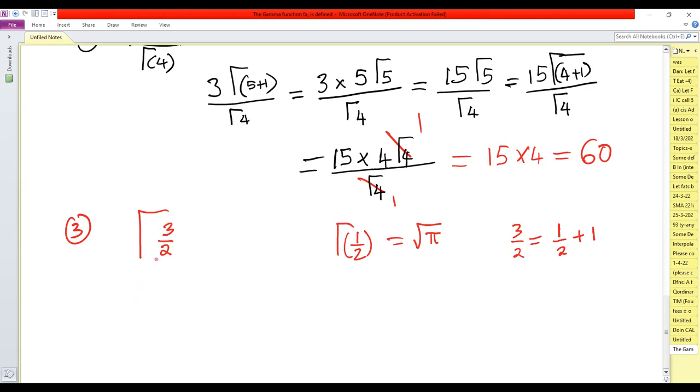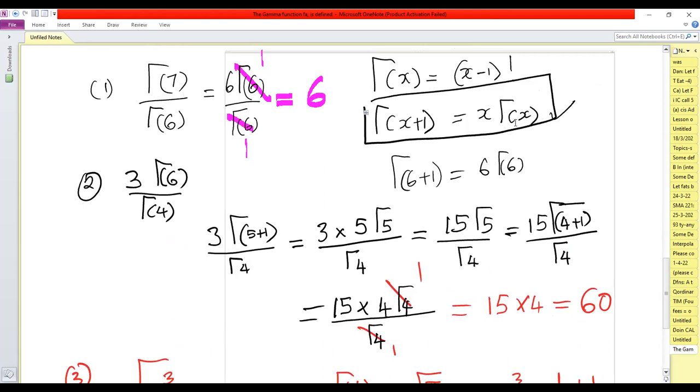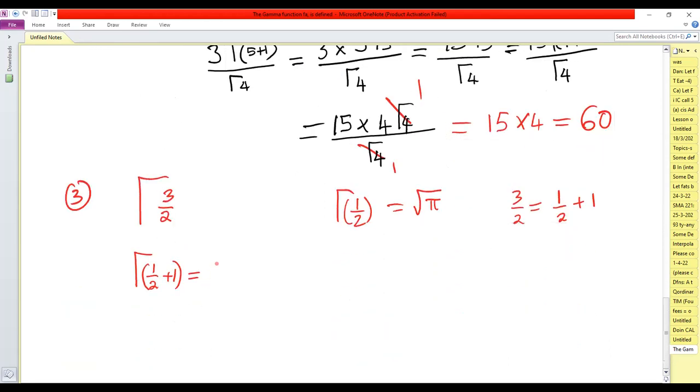So this will be the same as gamma of a half plus 1. And using this property of gamma of x plus 1 equals x gamma of x, we get a half gamma of a half. And the value of gamma of a half is square root of pi. So this will be a half times square root of pi, which gives us a half root pi.